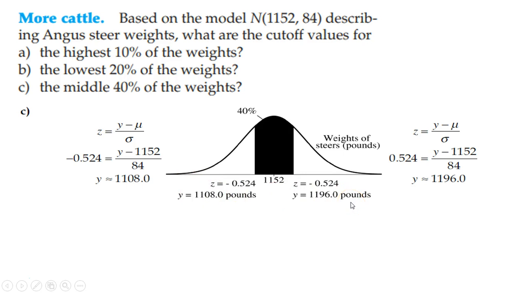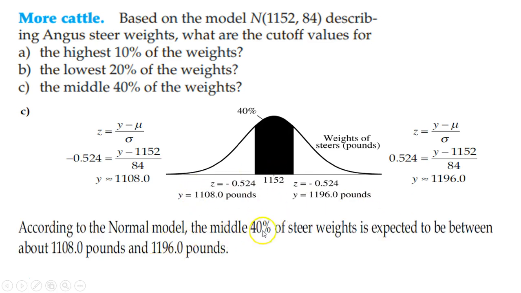And if I do it again, but now I do second vars and inverse norm for the percent 0.7, because it's 0.7 from here up, comma, 1152, comma, the standard deviation of 84, I would get 1196. So there would be the pounds and the difference between the two. So the middle 40% of all steers would be between 1108 and 1196.